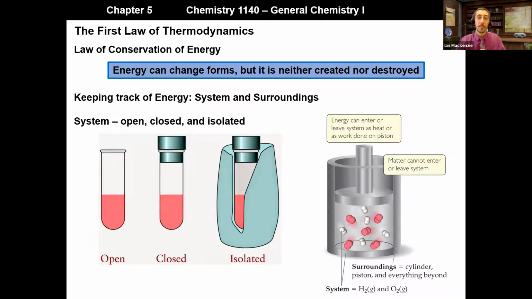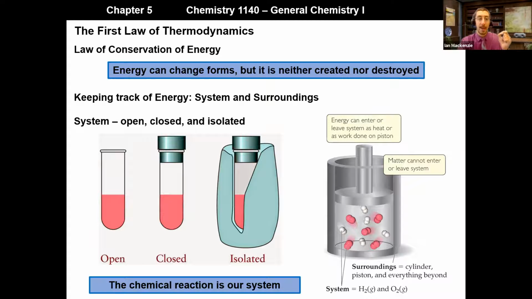To be more specific, the system itself is the chemical reaction. And that is what we are going to use going forward. The system is always the chemical reaction. The surroundings is everything else, everything that can absorb heat or give up heat to the system.